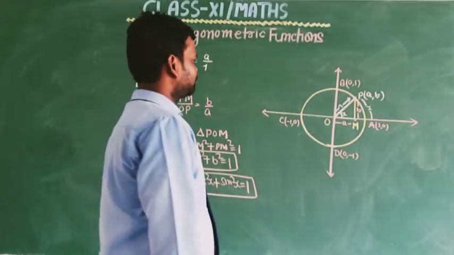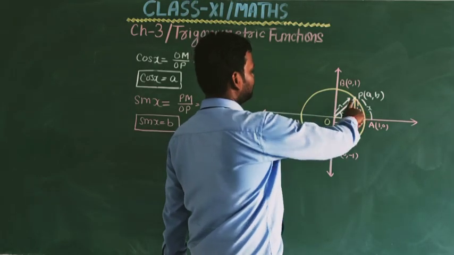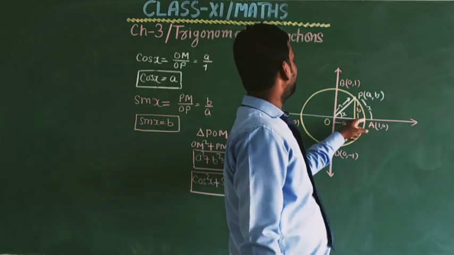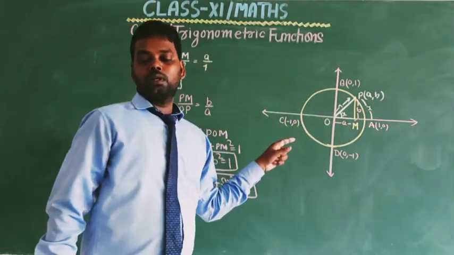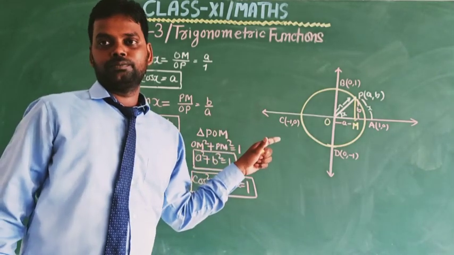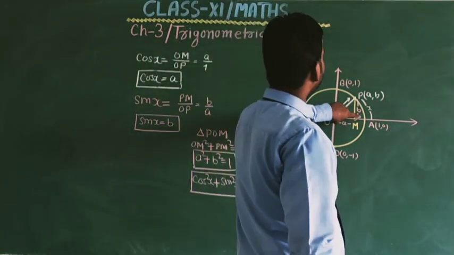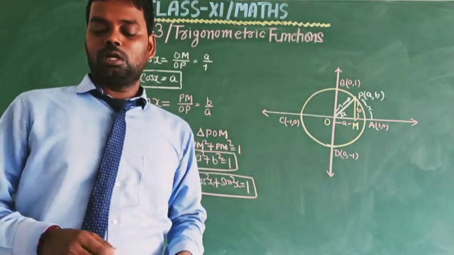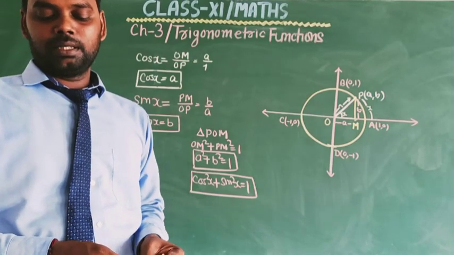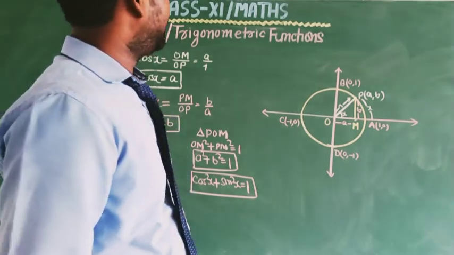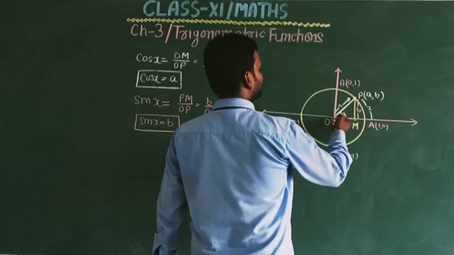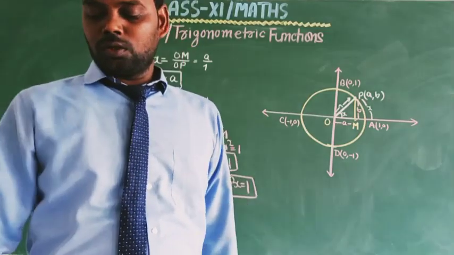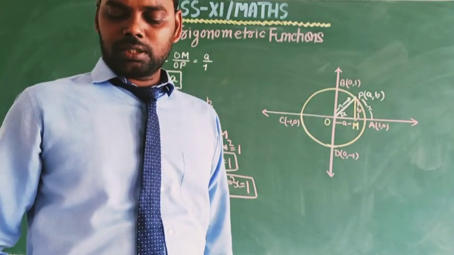So dear children, after one complete revolution, the angle AOP subtends 2 pi radian at the center of the circle.